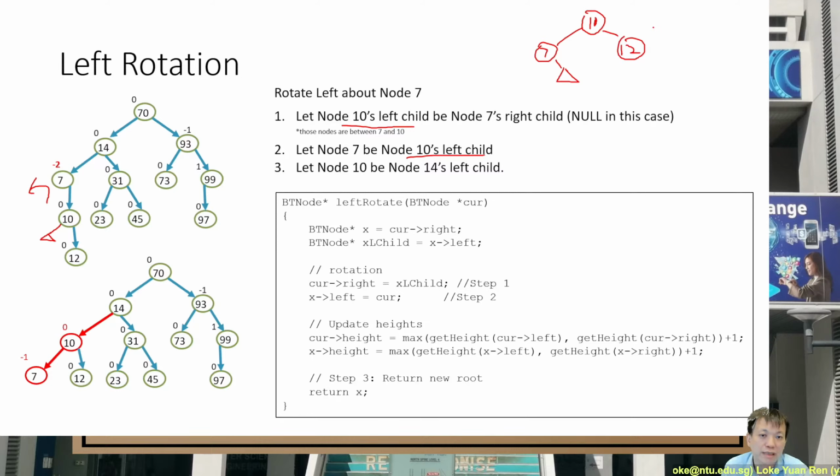So this is the left rotation. After you do the left rotation, you can see that the balance factor in every node will become either 0, 1, or -1. So the tree is a balanced binary search tree, or AVL tree.